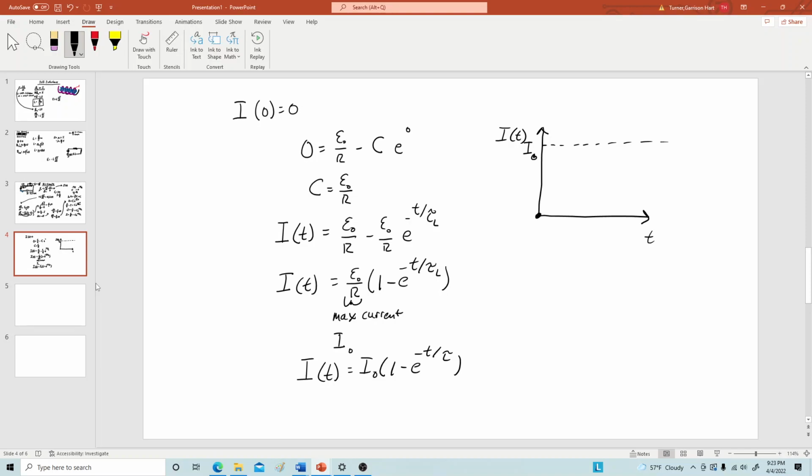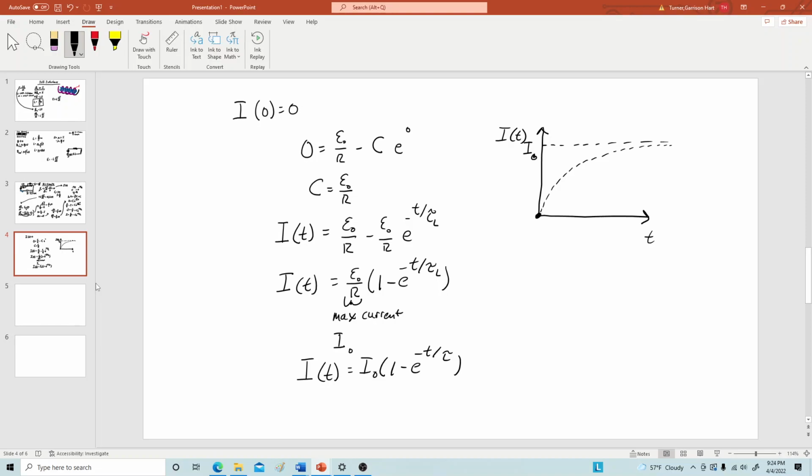And if it starts at 0, it will grow like this and then asymptotically approach that value. As time goes on, it will get closer and closer and closer. That is how the current will grow in an inductance circuit, in an RL circuit.